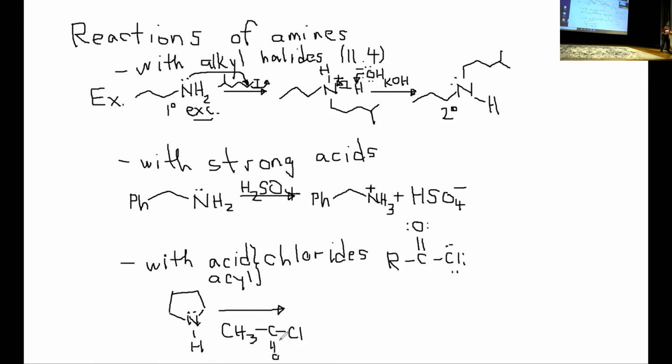But the idea is the same. You just take whatever is attached to the chlorine and stick it onto the nitrogen. You'll of course wind up with a plus charge because that hydrogen is still there. I think you'll agree with me that I've just pulled off the halogen and just stuck everything onto that nitrogen.